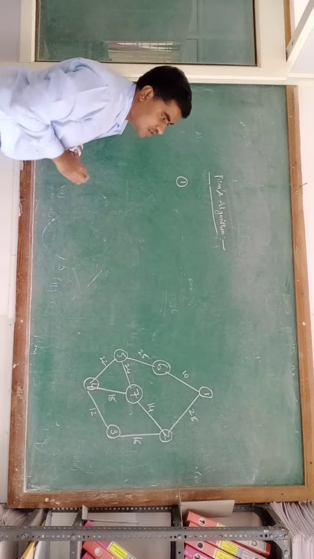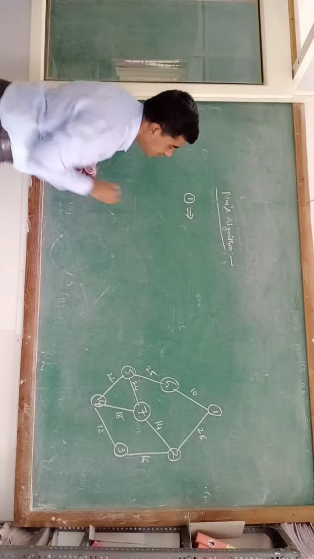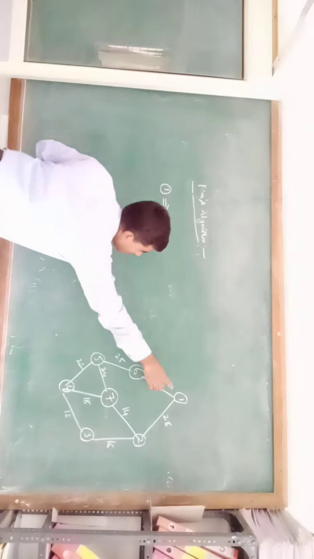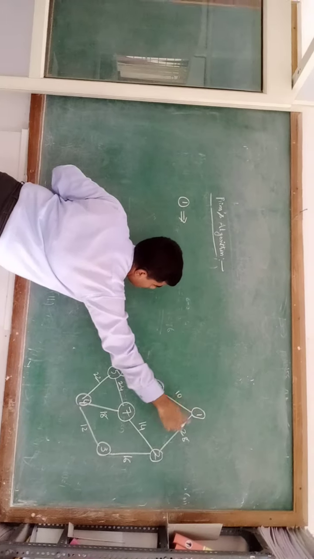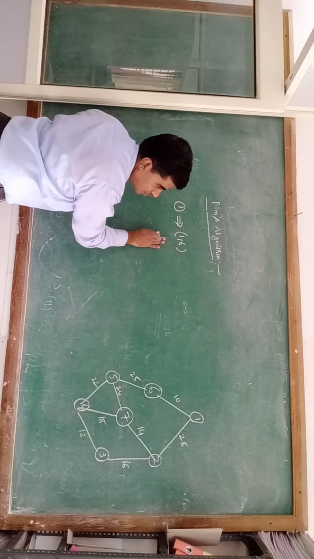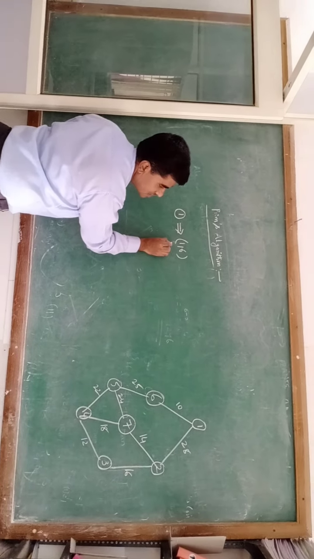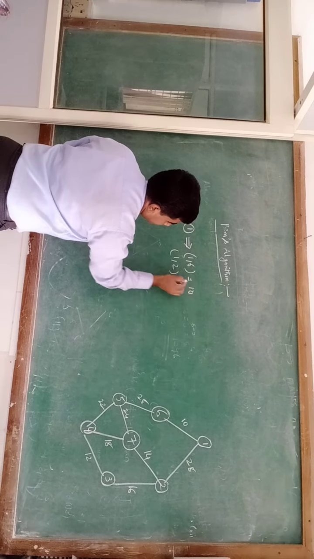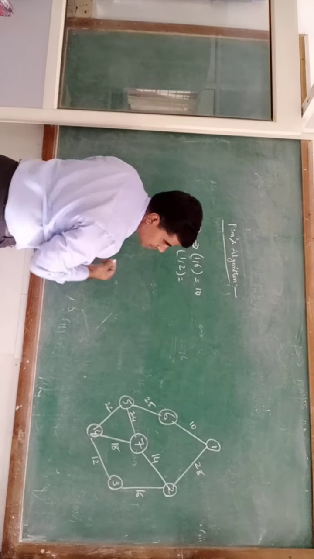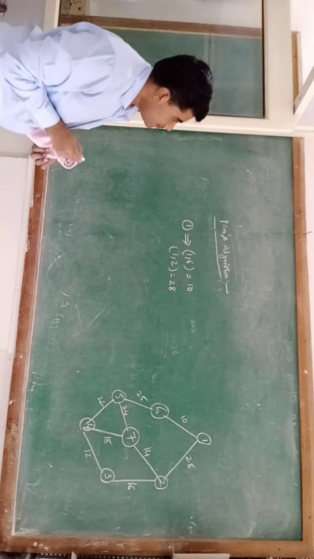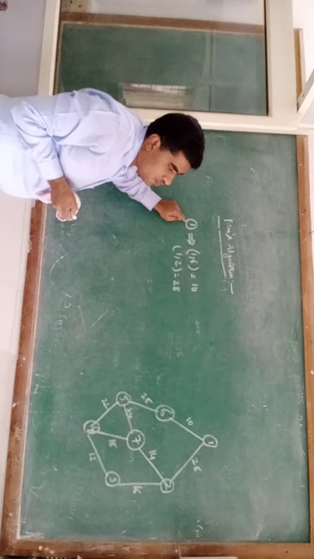First of all, we have to find the corresponding edges for vertex 1. For vertex 1, 1 to 6 is there and 1 to 2 is there. 1 to 6 cost is 10 and 1 to 2 cost is 28. So from vertex 1, where do we have to move?